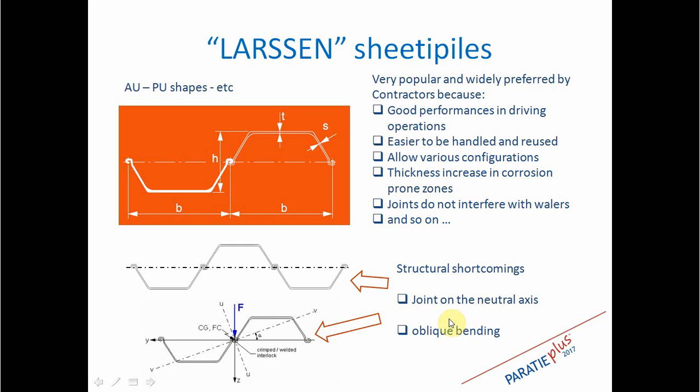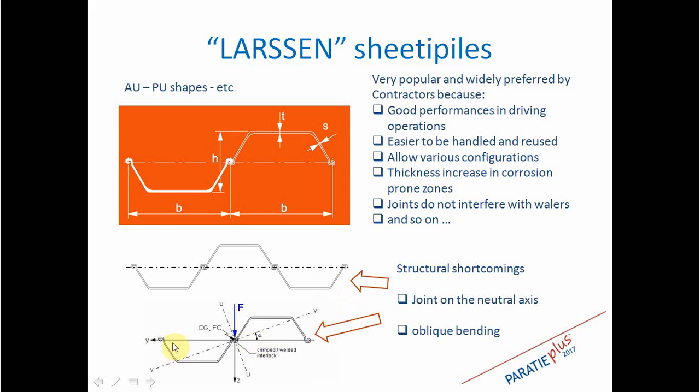The most important one is the fact that there is a joint at the neutral axis of the wall section, so it is quite questionable if this wall behaves like a compact section.